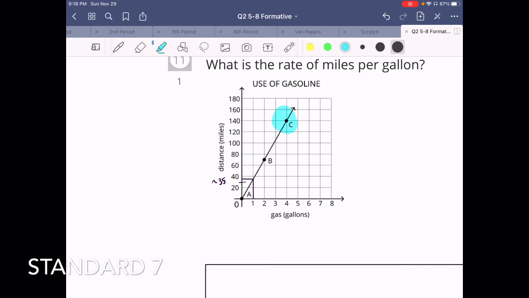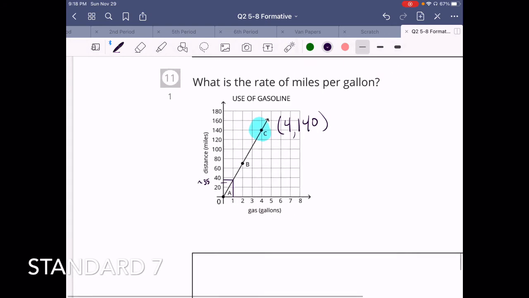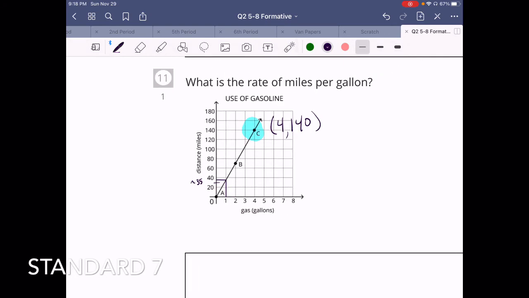Now, let's look at C. You see how C is on an exact point? So for C, this point is the x value is 4 and the y value is 140. So you could actually calculate the unit rate from this point and do 140 divided by 4, and that is 35.